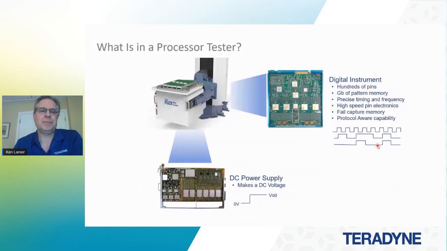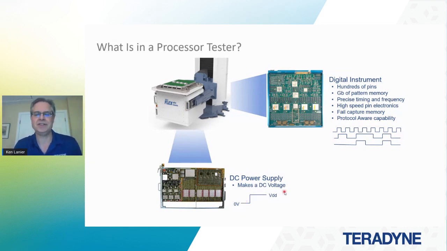If you look at what's in a processor tester, there's really only two types of instruments in it. The first is digital instruments. When we talk about digital instruments, we think about complex instruments that run patterns, do timing, capture all our failures, and do lots and lots of other things. And then the other one is the power supply.